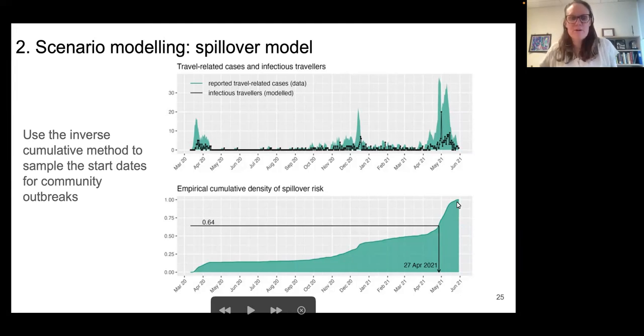So I choose a random number between 0 and 1, and that helps me figure out a plausible date for when a spillover could happen. Doing it like this is pretty simple, but also a good idea, because you don't want to have in your scenarios the possibility of a spillover when you don't have any travel-related cases at all. So this helps to make a strong connection between travel-related cases and spillovers.